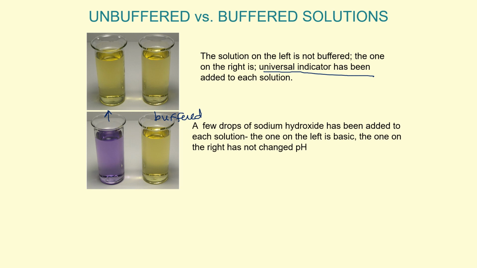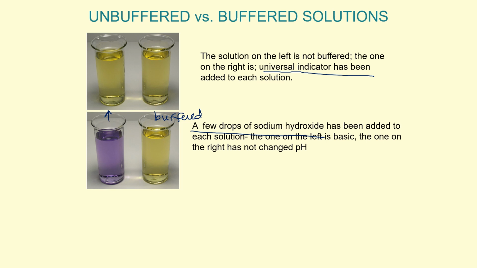Just 1 or 2 drops of sodium hydroxide have been added to both solutions. Notice that just 2 drops will change the pH from 7 up to maybe 10. I don't know off the top of my head what it is, but that pH can change drastically, and it's shown by the indicator color.